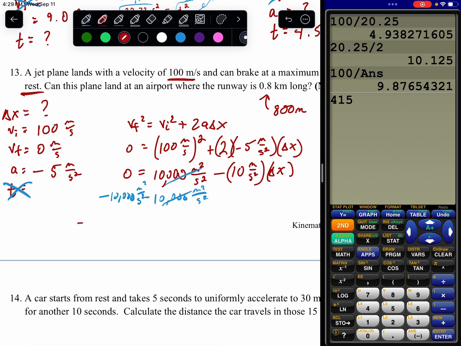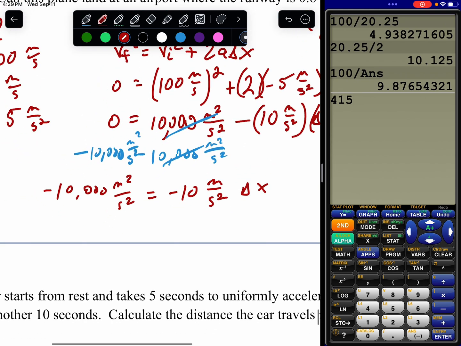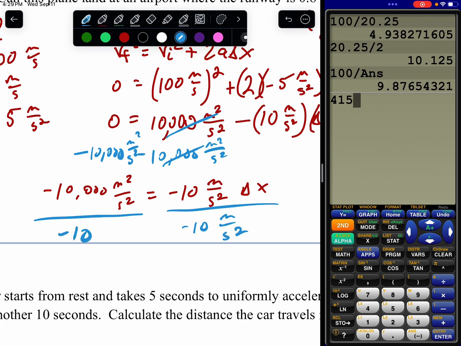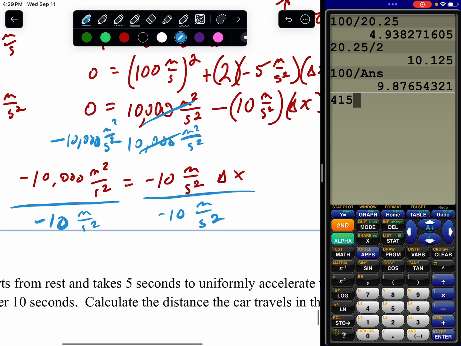And we're left with negative 10,000 meters squared per second squared is equal to negative 10 meters per second squared delta x. And so now we need to divide both sides by that coefficient on the delta x. Divide both sides by, whoa, don't want to cover up the seconds. Negative 10 meters per second squared.